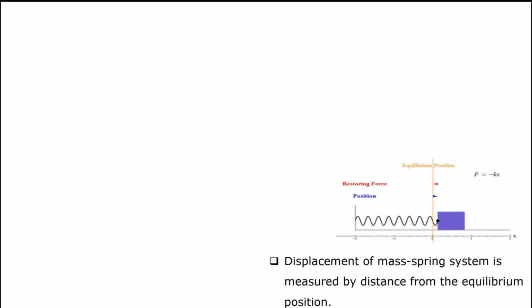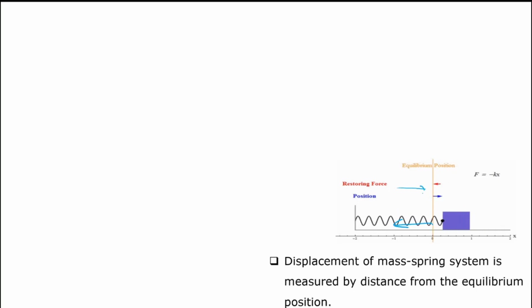vibration of the mass spring system was a simple harmonic motion because there was a restoring force acting on this mass, and two properties must exist for restoring force. One of them is it must be parallel to the direction of the motion, but always point towards the equilibrium position. So it is in the opposite direction of displacement.